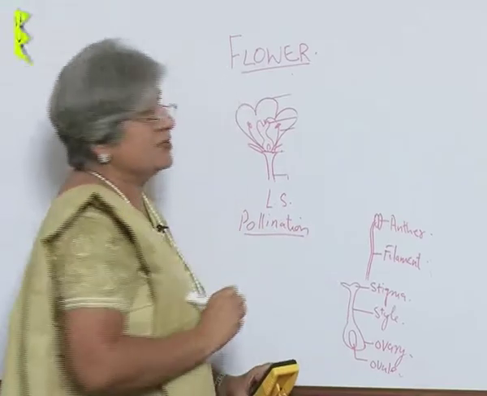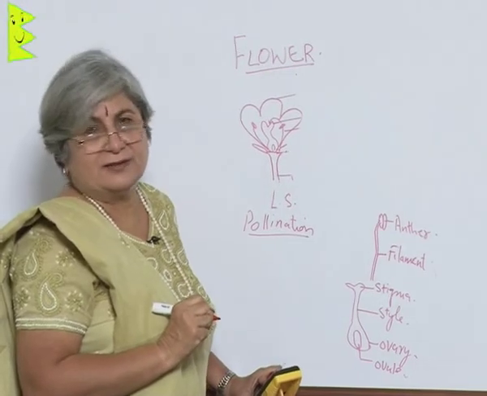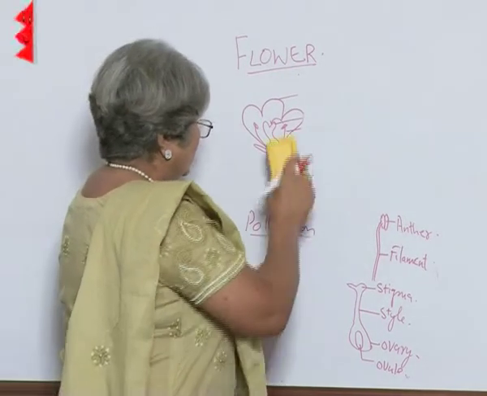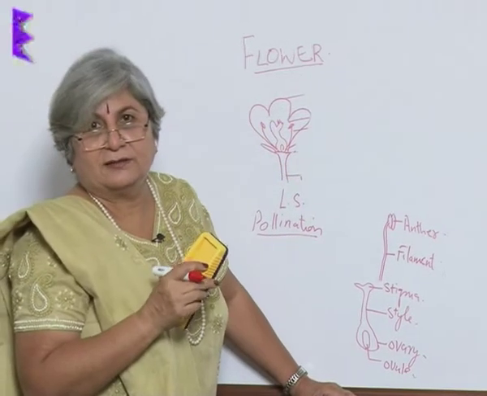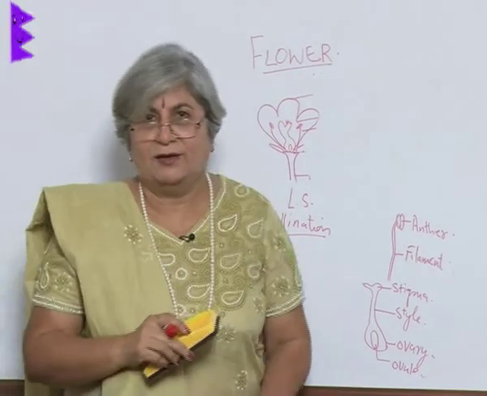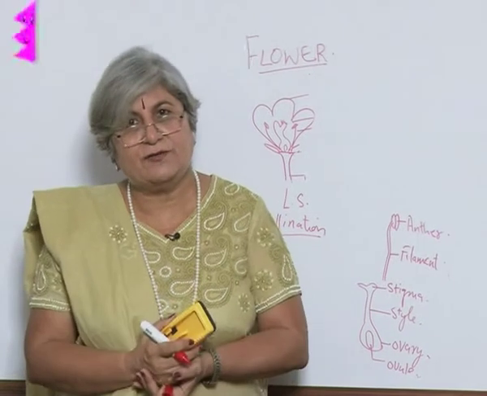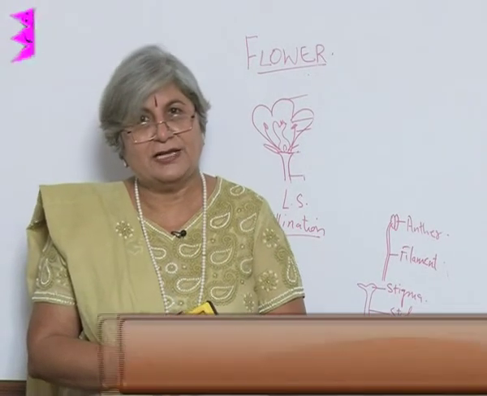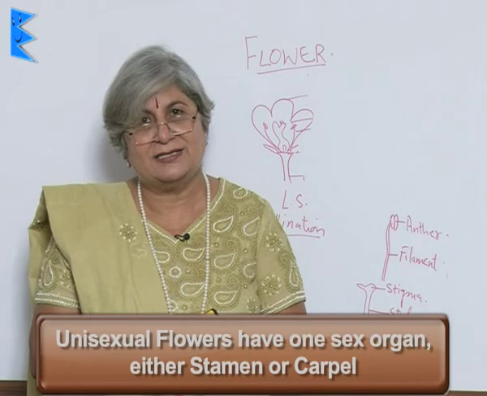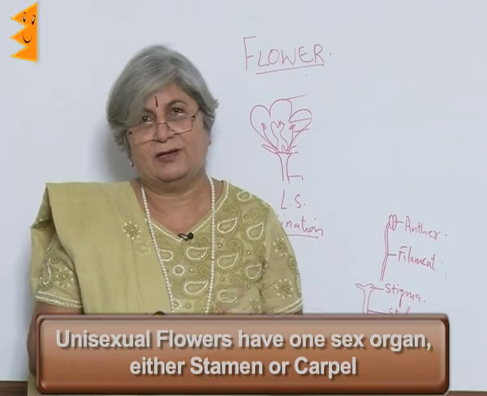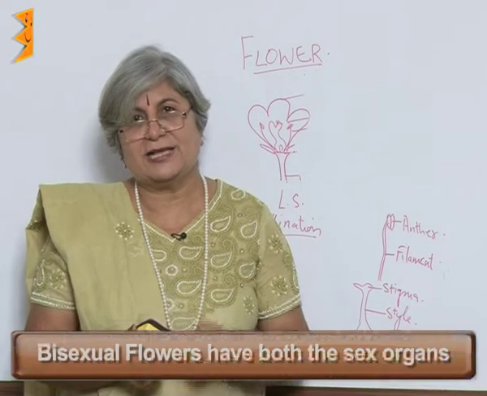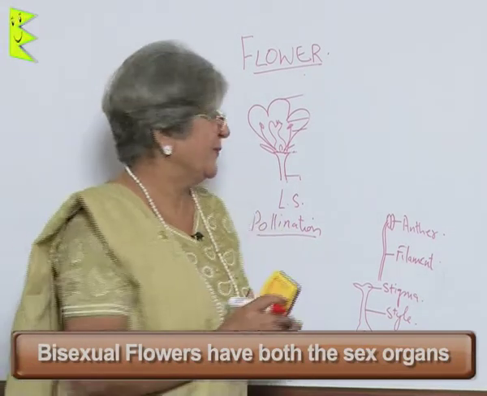However, this is not what always happens. Sometimes, especially in the case of unisexual flowers, now this is another story. What are unisexual and bisexual flowers? Unisexual flowers are the ones which have only one sex organ, either the stamen or the carpel, and bisexual flowers have both.